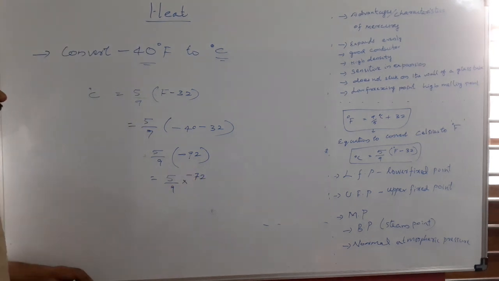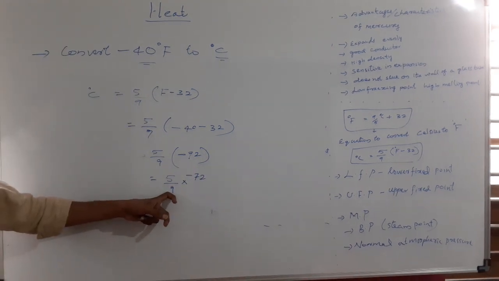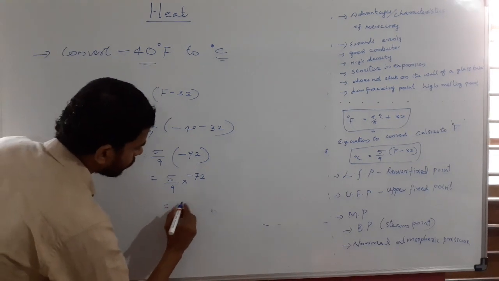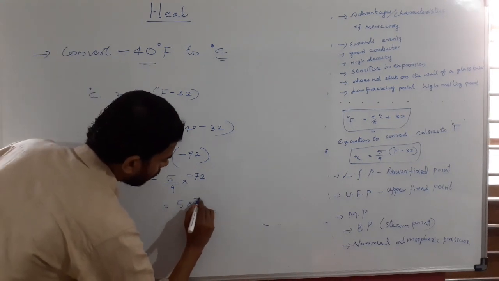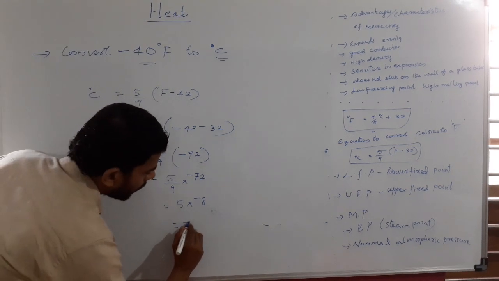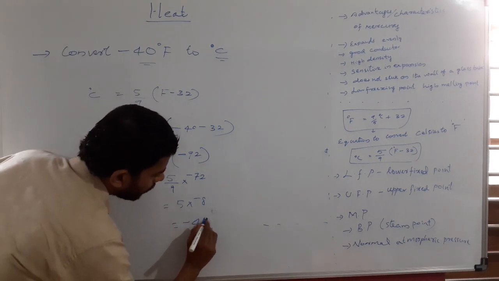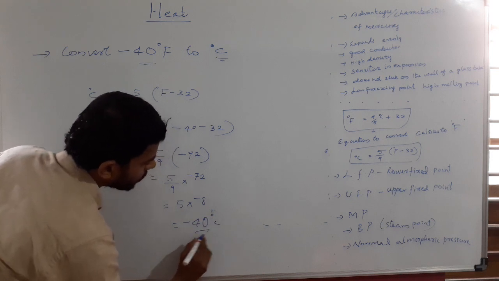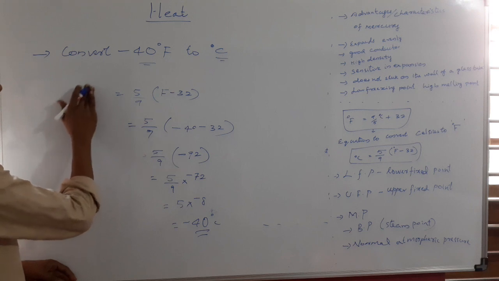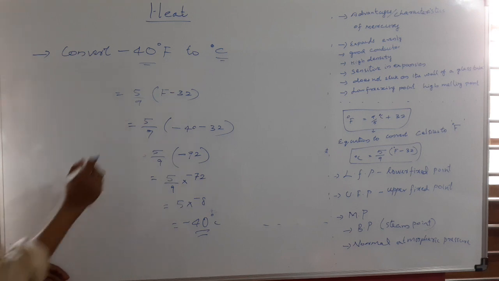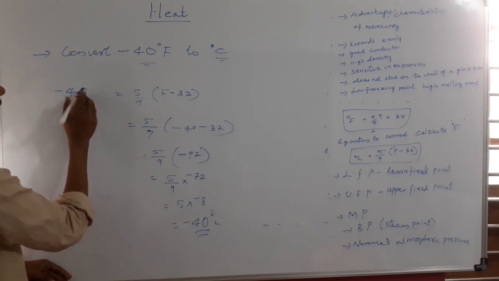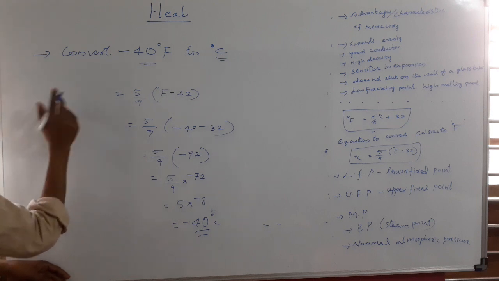How many times does 9 go in 72? That is 8 times. So we can write 5 into minus 8, that is nothing but minus 40 degree Celsius. Here there is a generalization.